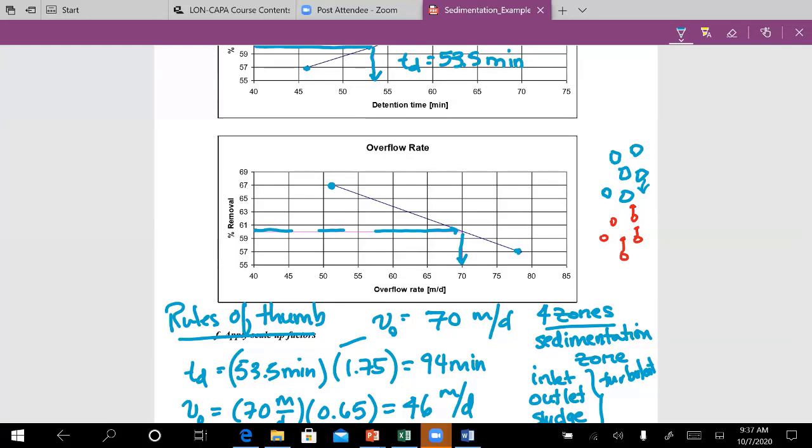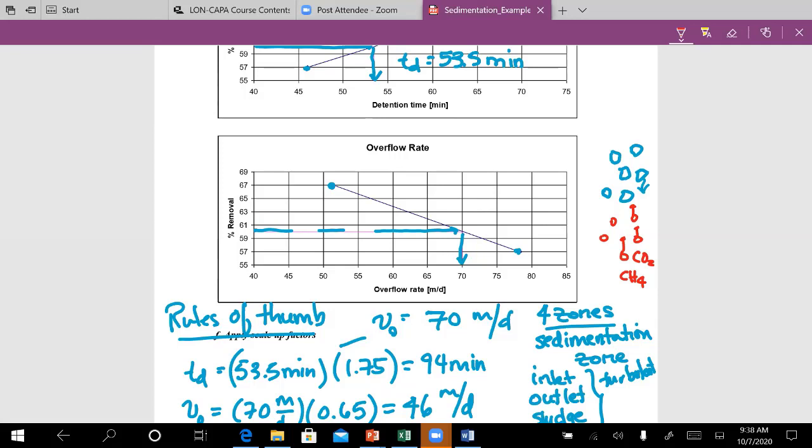In wastewater treatment, my detention time is too long, so I start getting biological degradation of the organic matter in the sludge. That produces CO2 bubbles, and it can also produce methane bubbles depending on how anoxic it is.